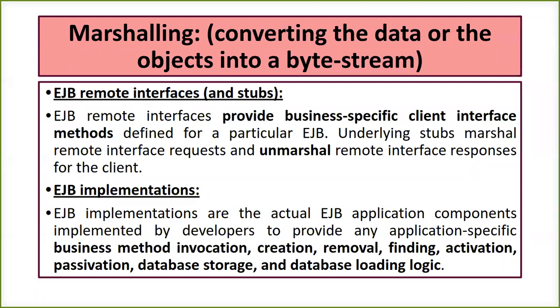That is what is called marshalling. I hope you all know what a byte stream is now: the stream where the data is converted into byte form, so that your JVM can understand what you have written.